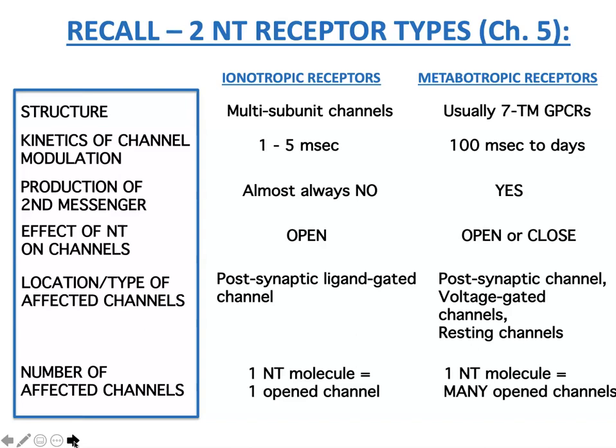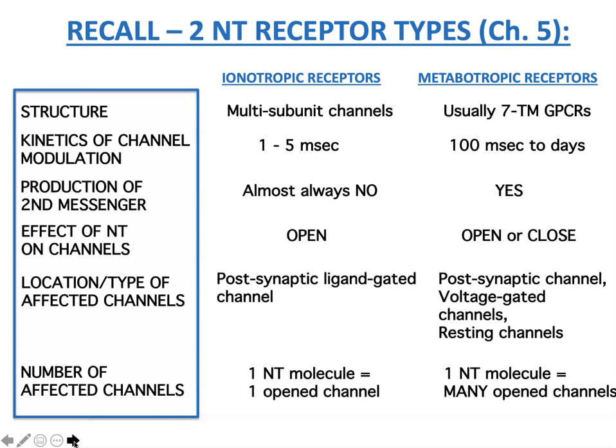So before we get into your chapter, I included a few slides at the beginning to help you understand and put everything together, the different receptors that we're going to be talking about in this chapter. I also gave you slides to help you understand how somebody would even find neurotransmitters within a nervous system.